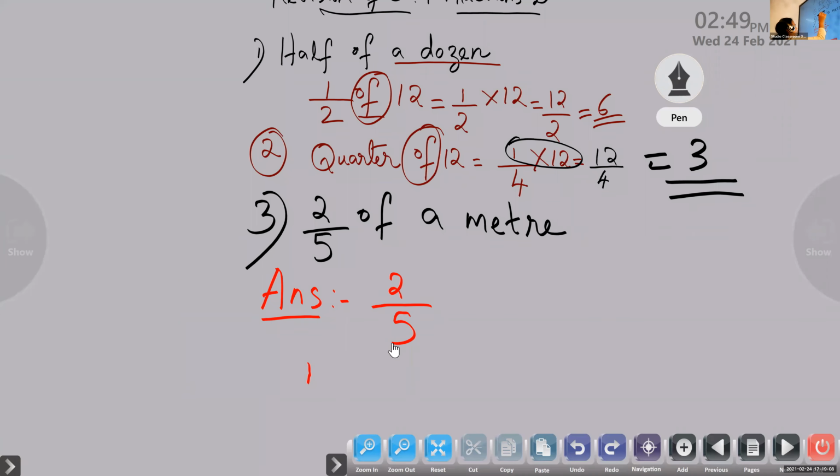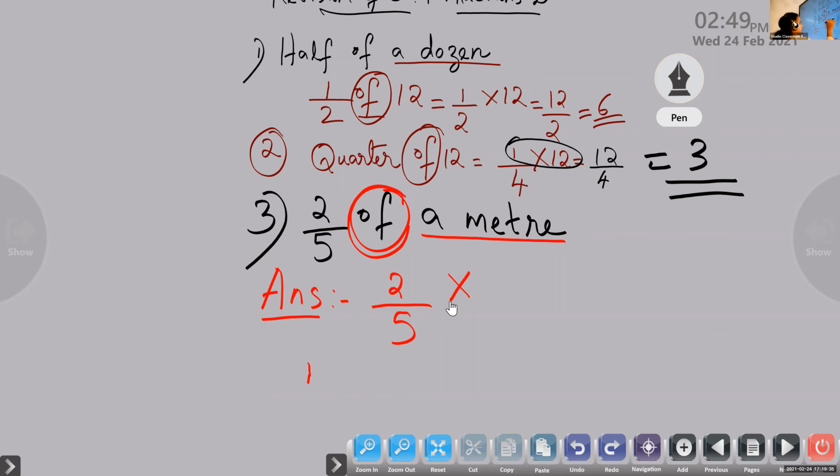Instead of "of", what will we write? Multiply. Now, 1 meter is equal to how many centimeters? 100. So we will write 2 by 5, and instead of "of" we will multiply.